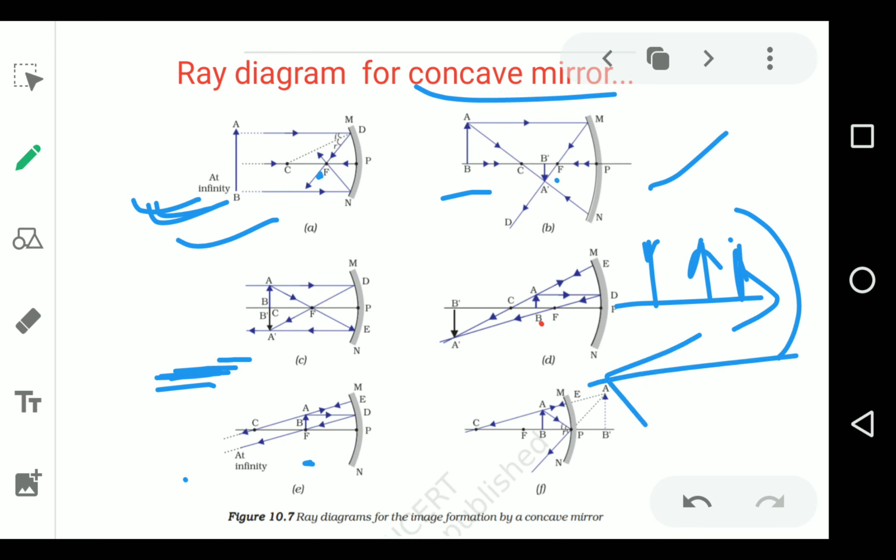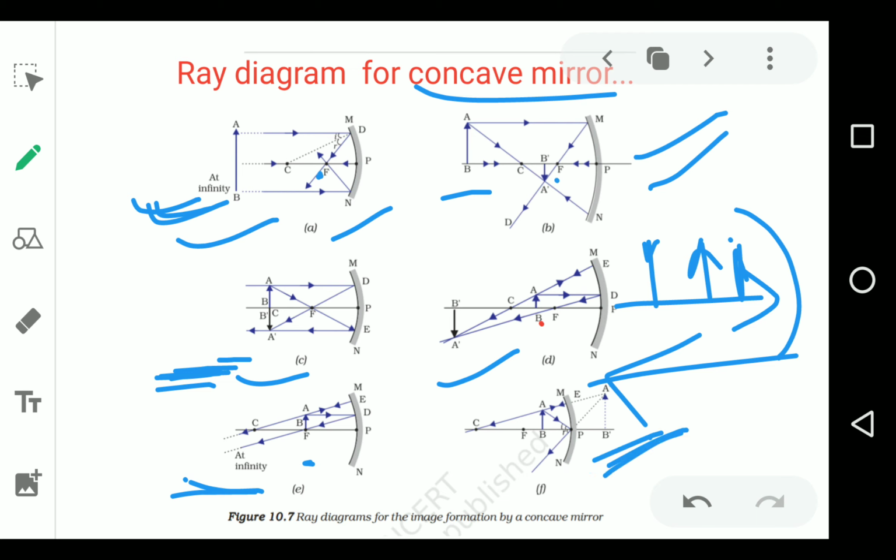In the first case the image is formed at F, in the second case between C and F, and in the next diagram at C. As the object moves towards the mirror, the image moves away from the reflective surface of the mirror. Again it moves a little further away and forms beyond C. In the last but one the image is formed at infinity, and in the last ray diagram the image is formed on the non-reflective side of the mirror.